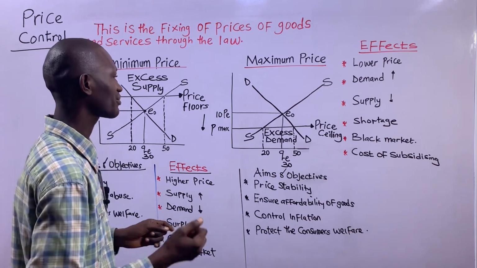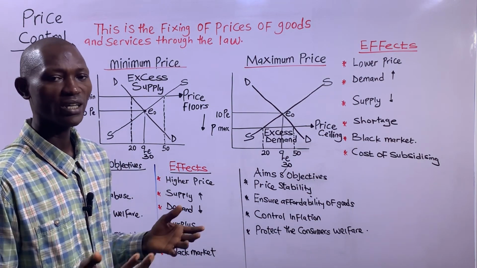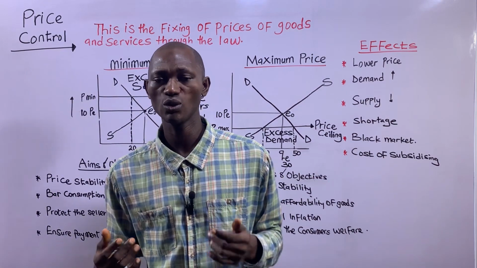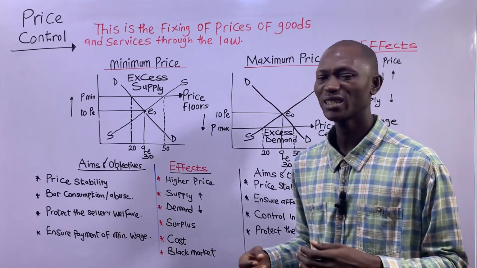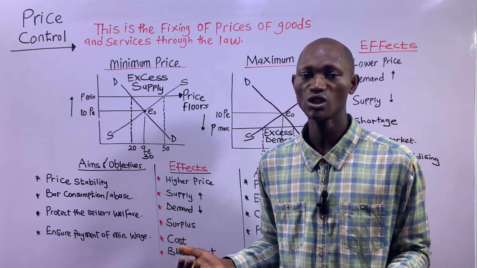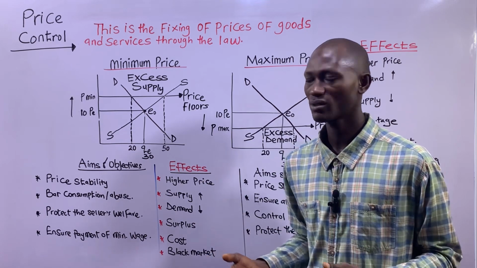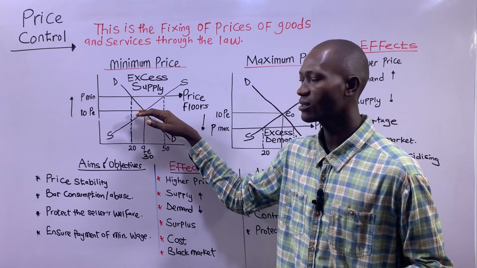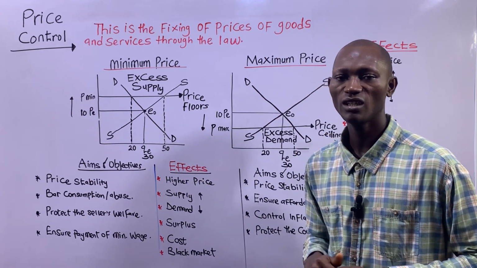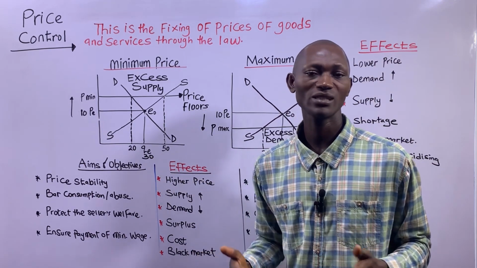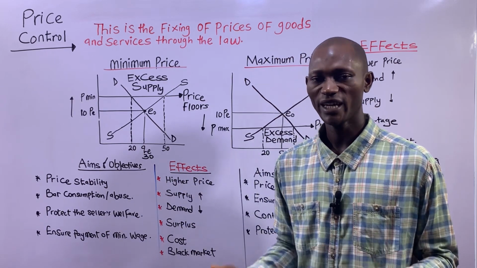Number one is when government decides to discourage the consumption of some particular goods or services that are detrimental, that are damaging to human health. Let's say for example, alcoholic products. Government will decide to set minimum price legislation, fixing the price above the equilibrium, because a higher price means demand will be discouraged and supply will be encouraged.